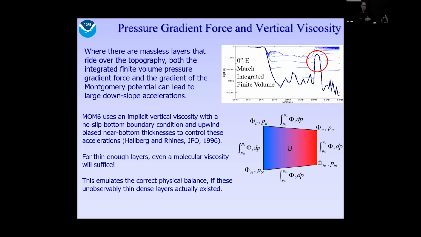This allows the flow to flood onto the fluid. It allows it to drain away, but once it gets thin enough, the viscous arrest occurs. This is essentially the same balance why if you paint a vertical wall, the paint just doesn't fall off. It's viscously arrested in thin enough layers. And this does emulate the correct physical balance, and it's something that works quite well.